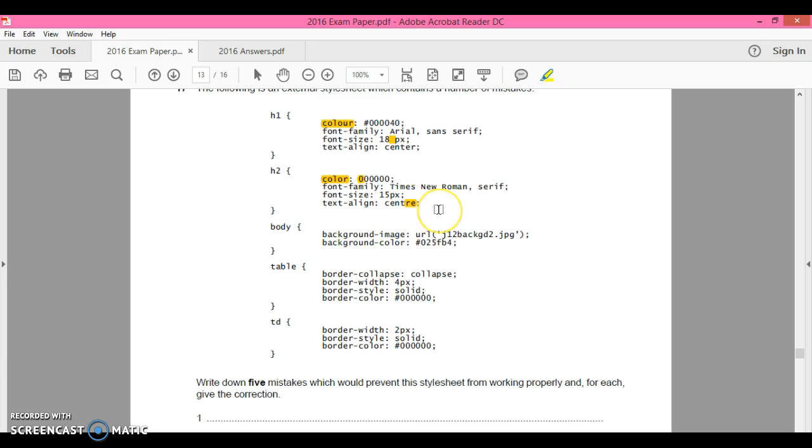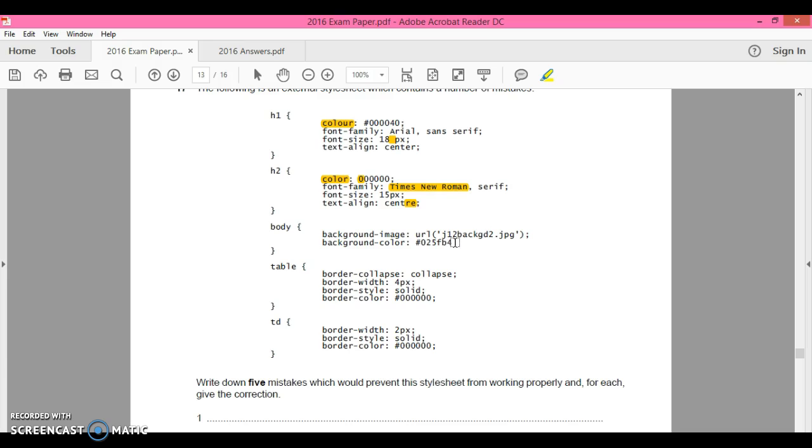Now I would personally consider these fonts, I believe, should be in speech marks, particularly Times New Roman. Now I think Arial and sans serif and serif fonts are more or less generic fonts, and I think Times New Roman is more of a specialist font in that it may belong to Microsoft.